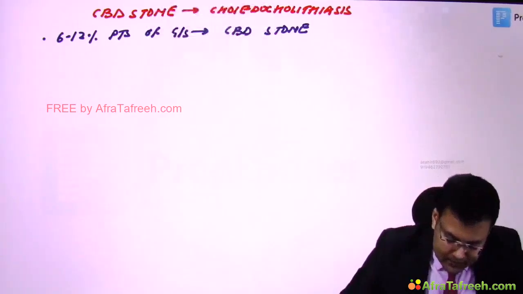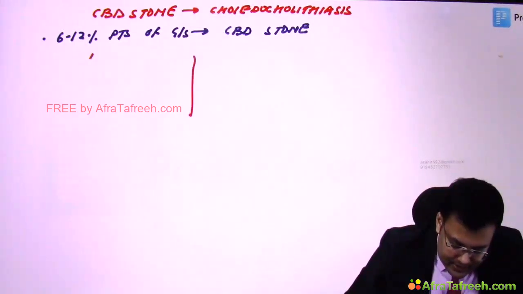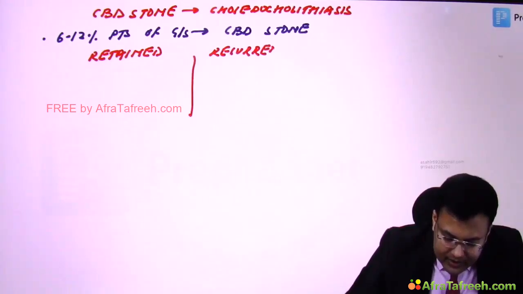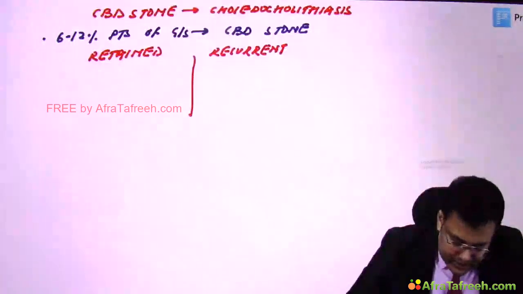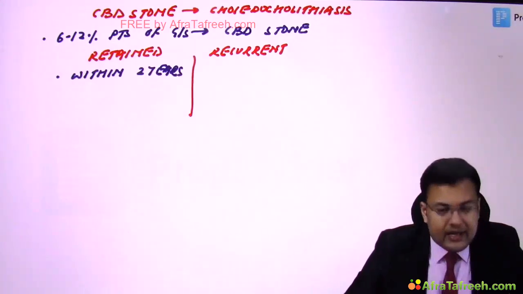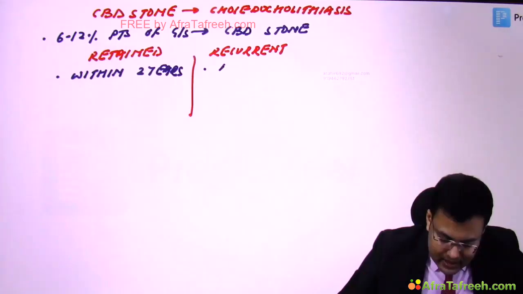So two types: retained and recurrent. Okay, retained stone is detected within 2 years of cholecystectomy, and recurrent is detected after 2 years.